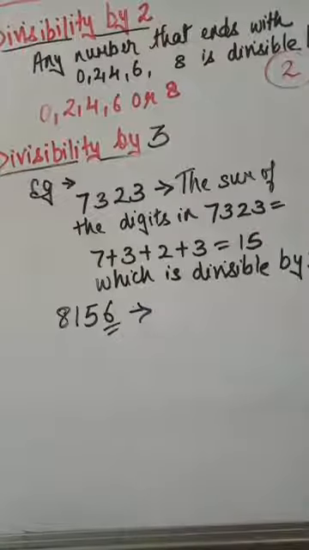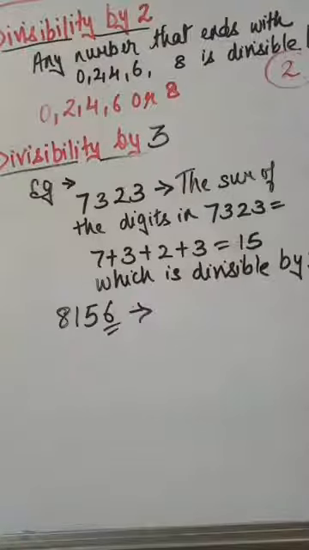You are not going to see the ones place. If you see the ones place, then it is divisible by 2. But in the test of divisibility by 3, you are going to check the sum.